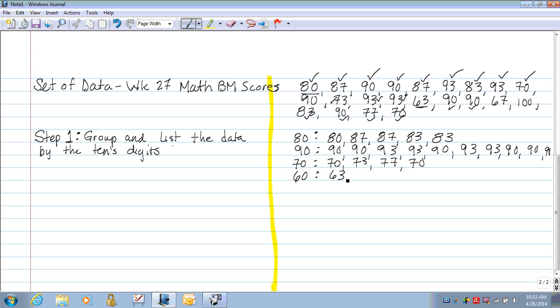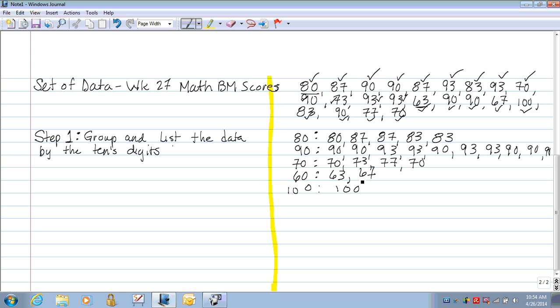We have a 63. And we have a 67. And let's see, what do we have? Any 50s? No 50s. We have one 100. So in the 100 place value, we have one 100.